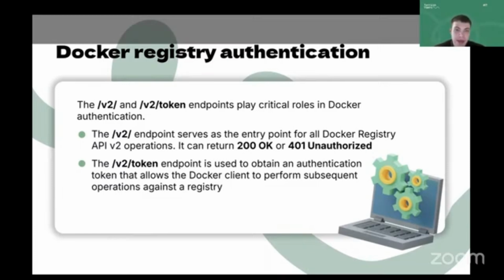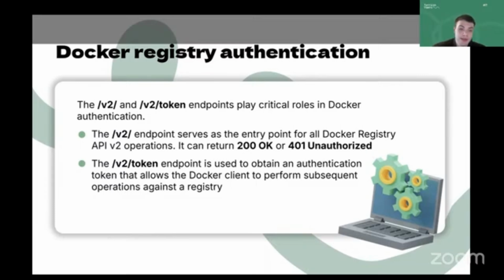A Docker client or tool, for example docker push or docker pull operations, will first send a GET request to /v2 to confirm the registry is using the correct version of the API and is ready to accept further requests. The endpoint can return OK or unauthorized responses.